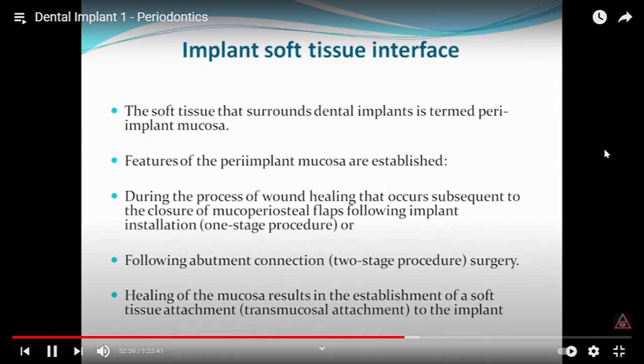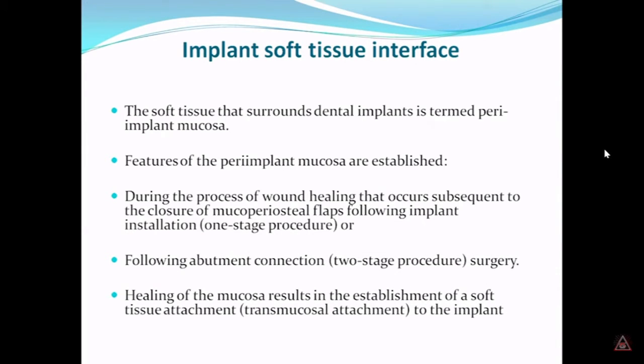So in one stage, your implant and peri-implant mucosa will be formed. Whereas in a two-stage procedure, we place the implant, we give suture, and after a few months, we again open the peri-implant mucosa and place the healing cap, so that peri-implant mucosa is established.